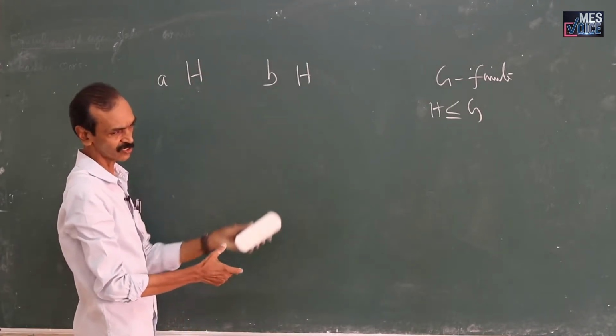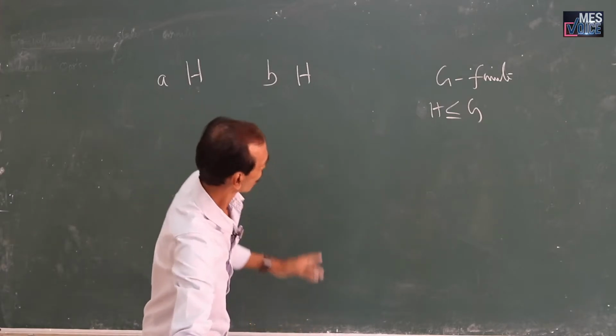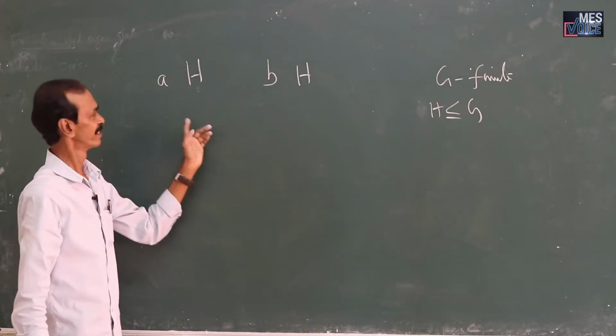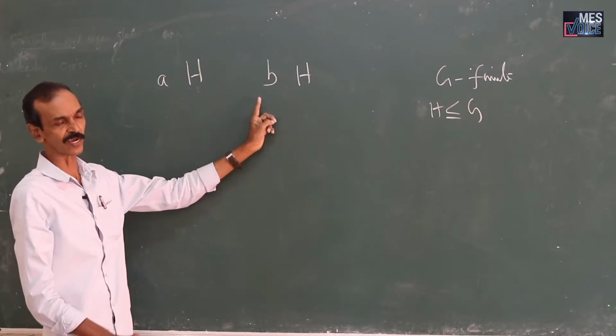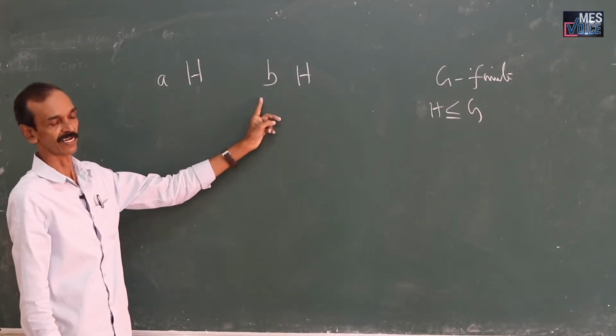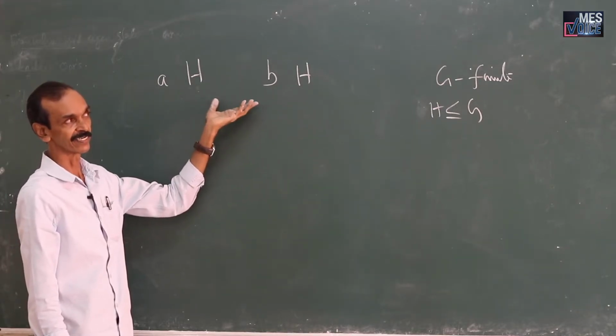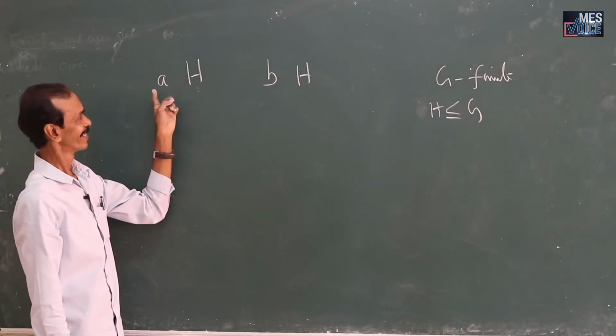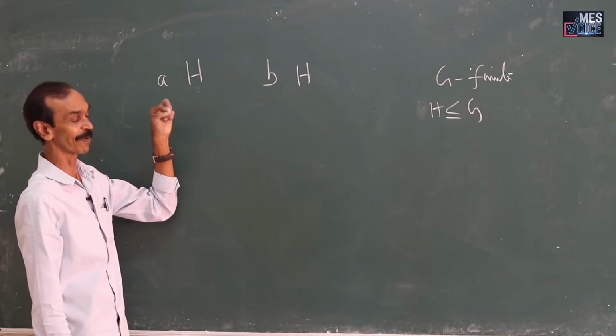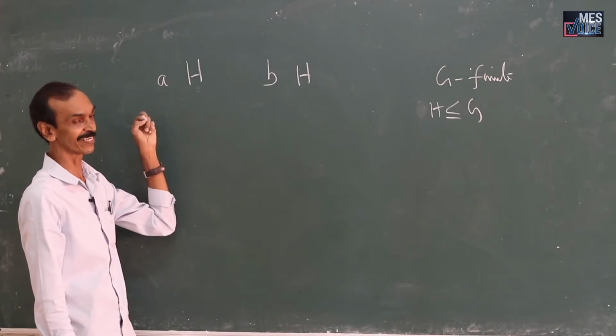Now, since we have seen that these left cosets are nothing but equivalence classes, these left cosets must satisfy the property of equivalence classes, because equivalence classes describe a partition of the set. If R is an equivalence relation, it will partition the set into disjoint equivalence classes.